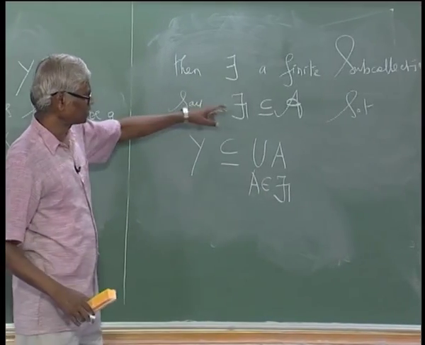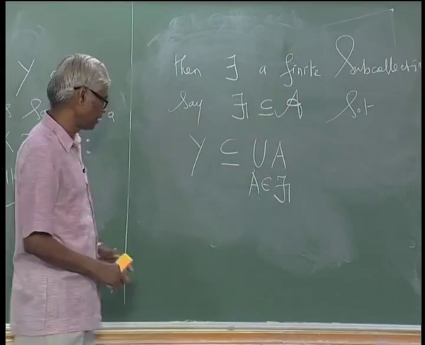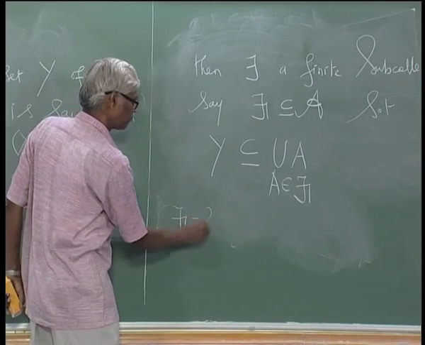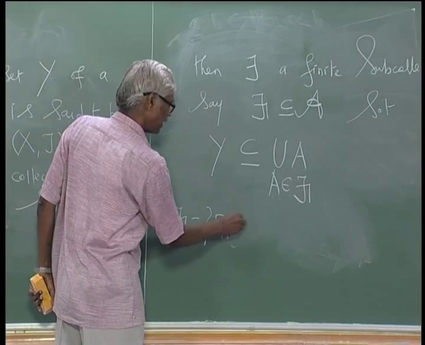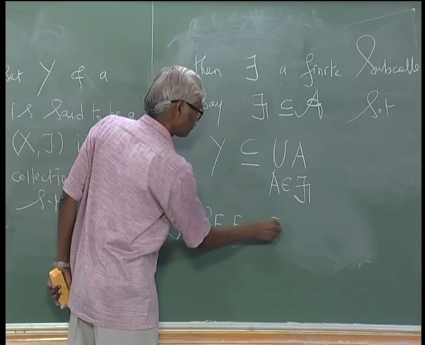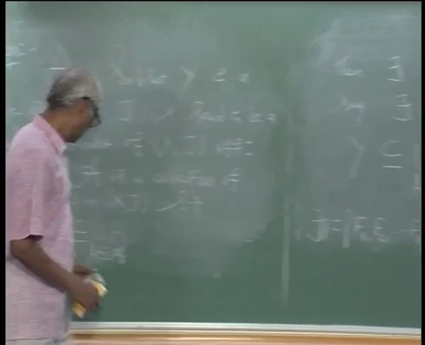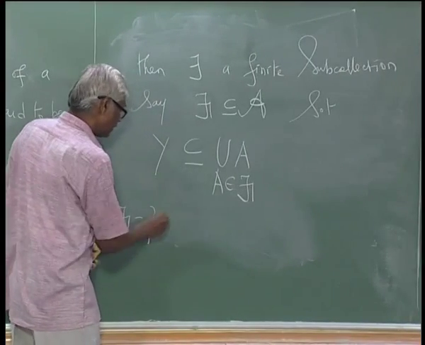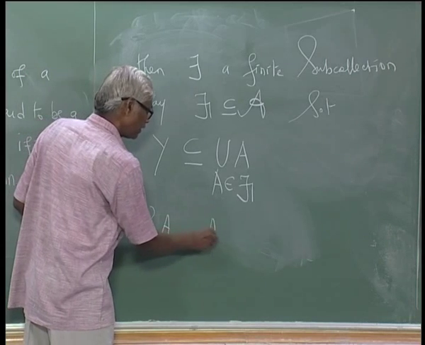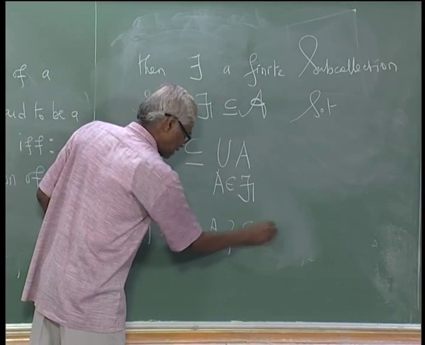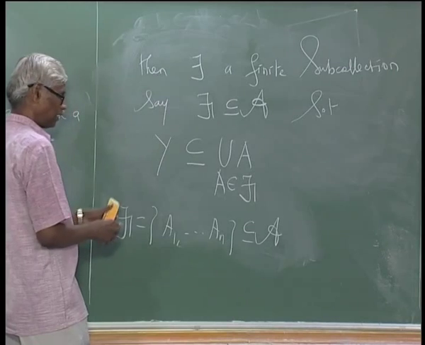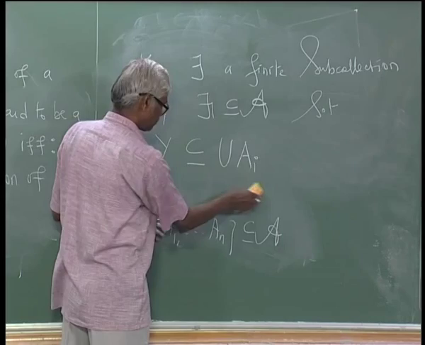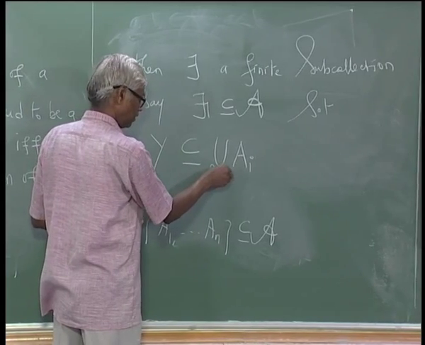In general, we assume that script F is non-empty and finite. Script F will be of the type F1, F2, up to Fn, or if you use the notation A, let us say A1, A2, up to An, this will be a subcollection of script A, and Y will be a subset of, that is contained in, the union for i from 1 to n.